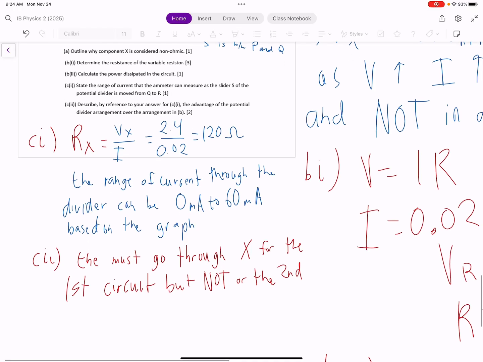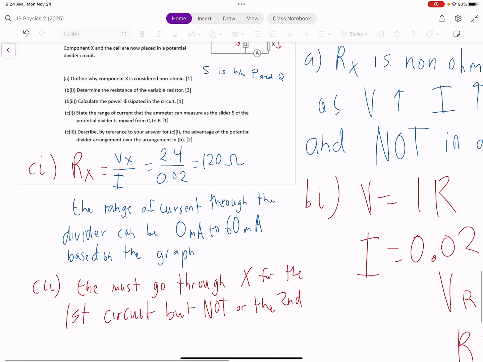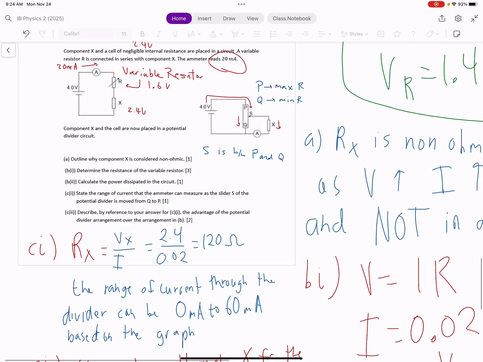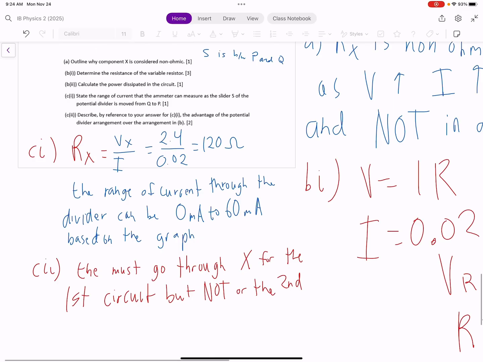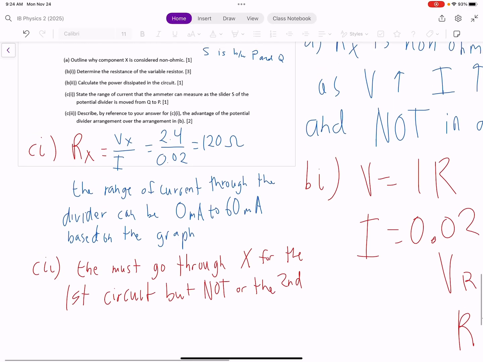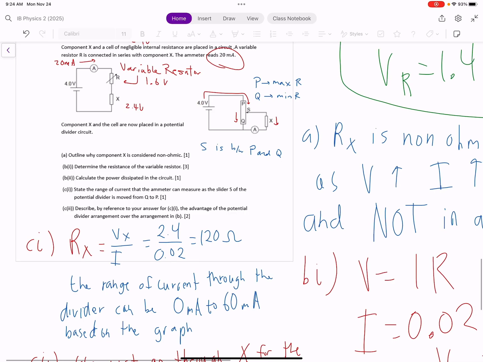Then describe, by reference to your answer in C, the advantage of the potential divider in B versus the potential divider in A. These aren't really labeled, so A is the first one, B is the second one. The second one is better because it has a higher range.